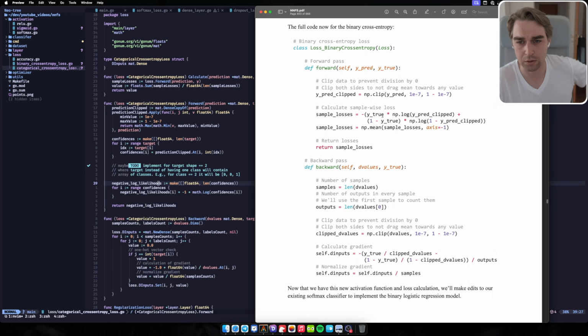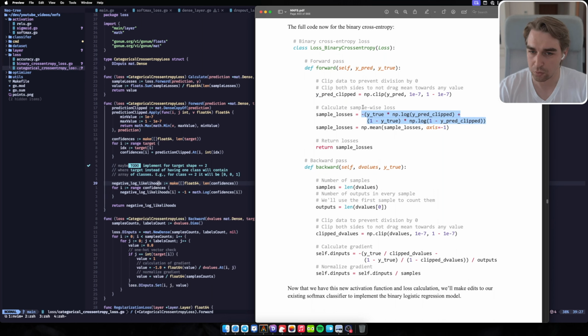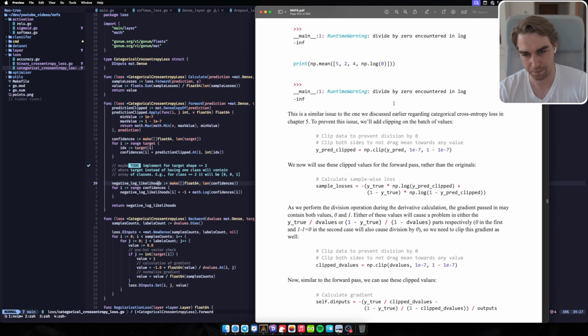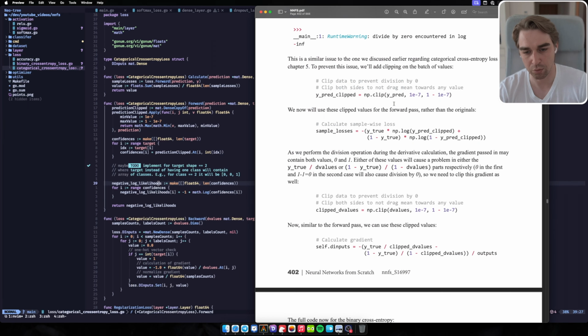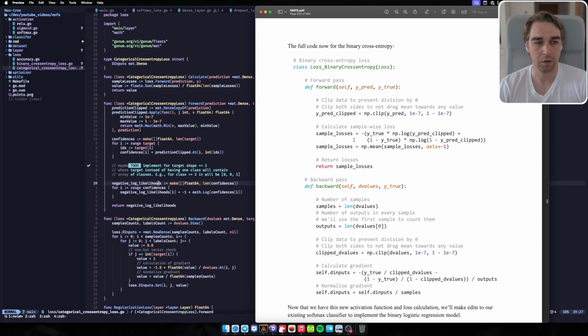My main question is how the y true gets the y predicted. And probably that will answer all of my questions, because I know how to calculate, I know how to write this one. At this moment, the sample losses should be two-dimensional. But then the question is, what do we do with the y true, which is one-dimensional? So, okay, maybe I'll just reread this and do it once again.